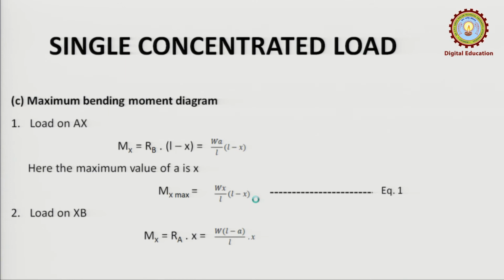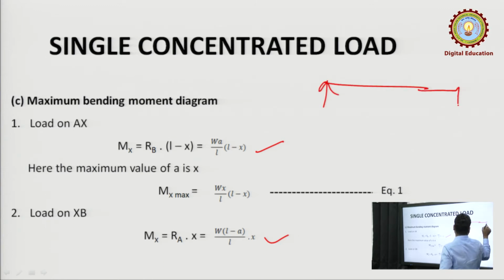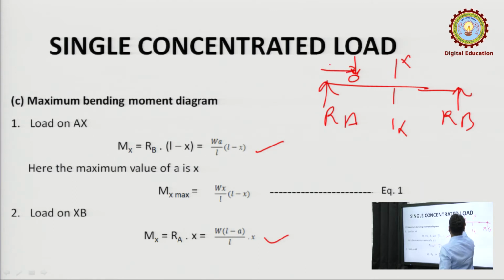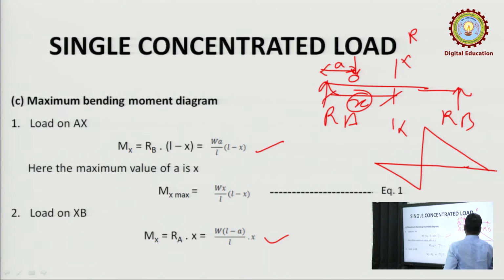As with the shear force diagram, we saw there, if the section is x, and two reactions are given, and the rolling load is moving on the span at a distance a, and the section is x, we found a variation like that. Now here we are going to do moment.